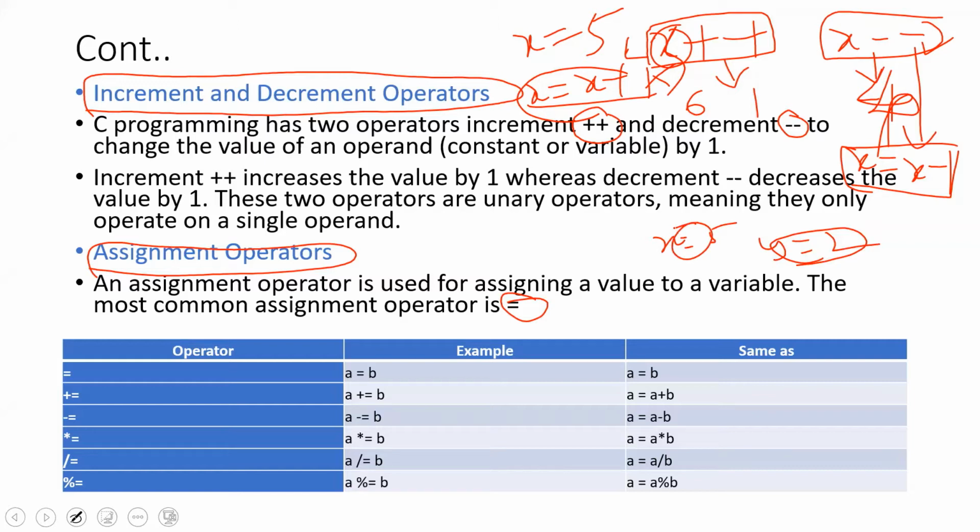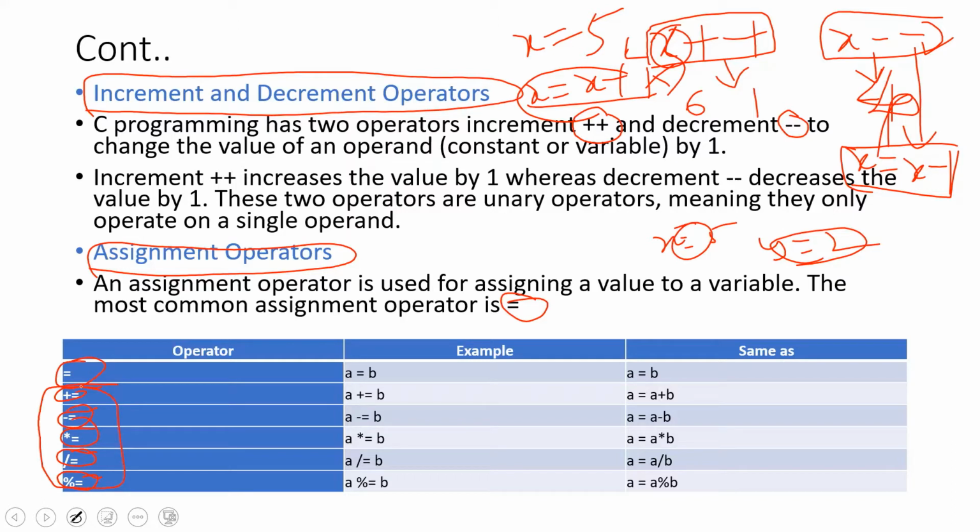But additionally, C programming has some more operators, and these all come under assignment. Equal is the general assignment operator. Plus equal to, minus equal to, star equal to, slash equal to, percentage equal to are there. Additionally, we have all arithmetic operators with equal. What is the intention of using these? To shorten the expressions.